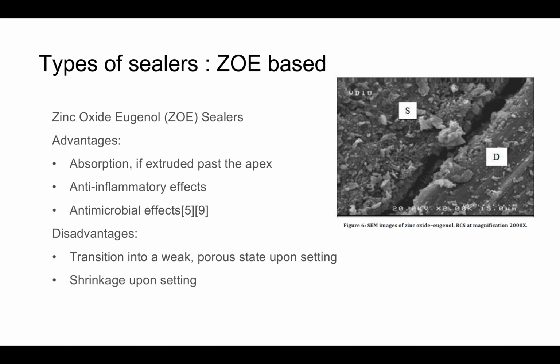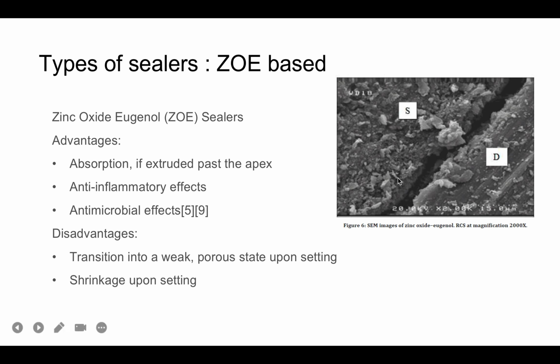So, for example, if a fiber post is planted in a canal, and this fiber post is going to be cemented using a resin adhesive system, zinc oxide eugenol sealers are best to be avoided.